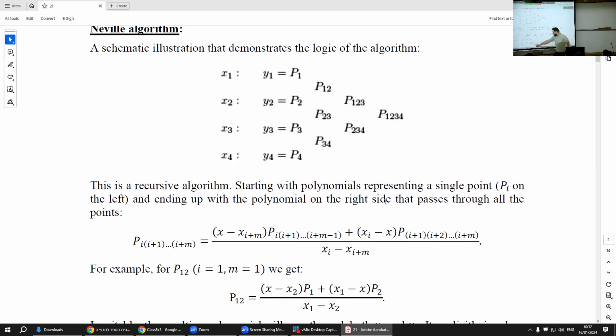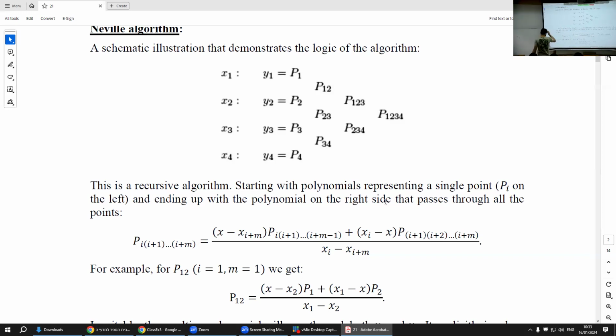If I want to build this, I multiply P1 by x minus x2, minus P2 multiplied by x minus x1. I say minus x minus x1. Okay, it's the same. Divided by x1 minus x2.